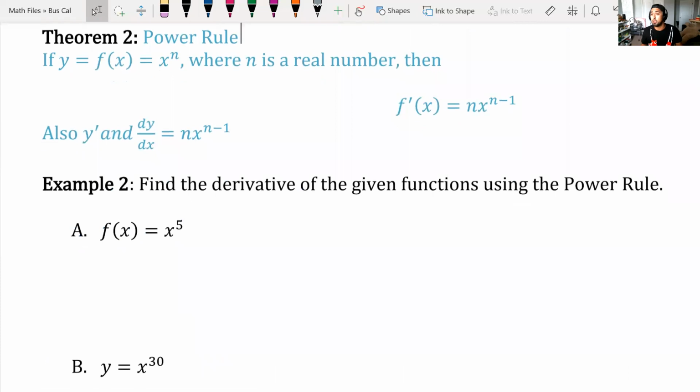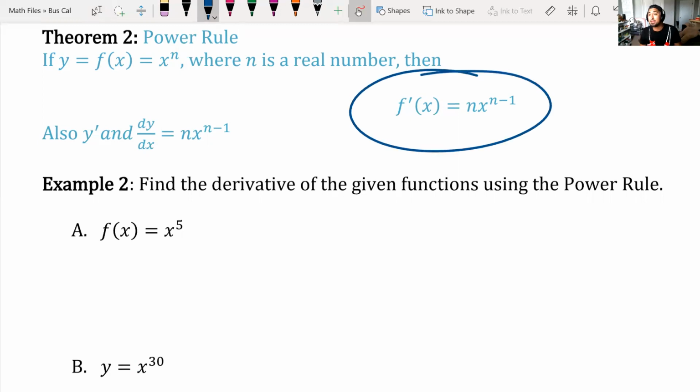Okay, the next rule is probably the most important rule for derivatives. It is called the power rule. So if you're ever given any function of x to the nth power, then the derivative of that function is given by n times x to the n minus 1.